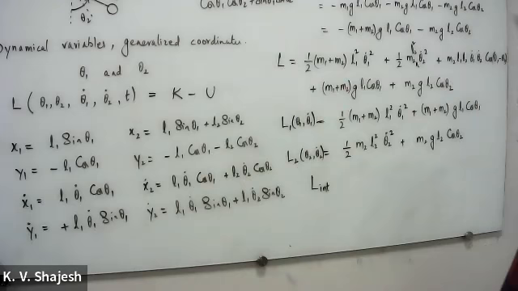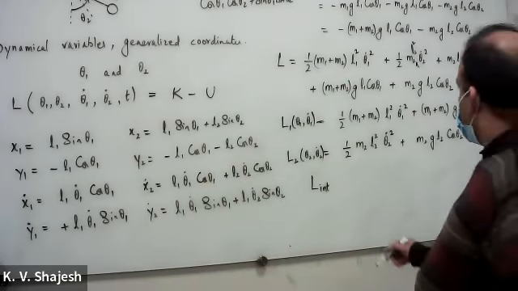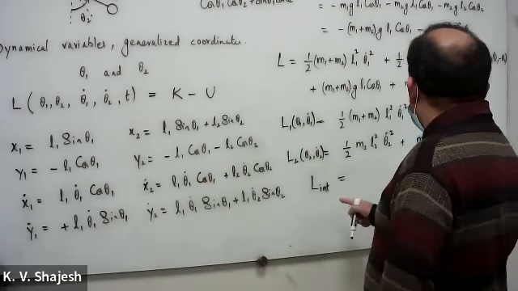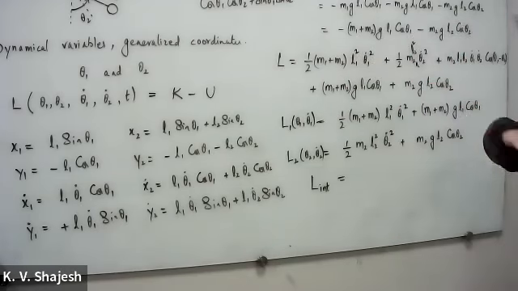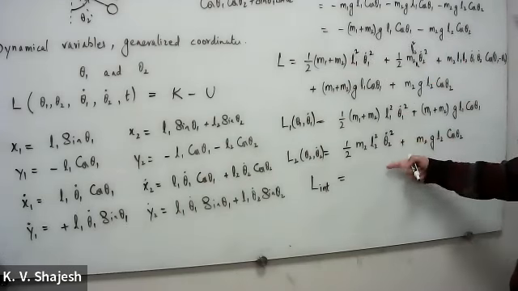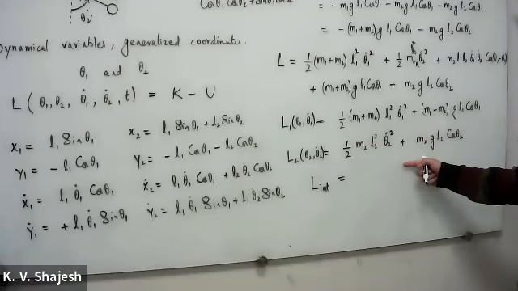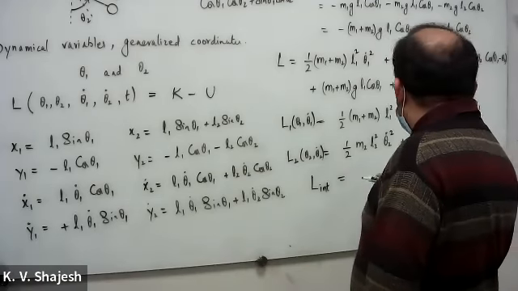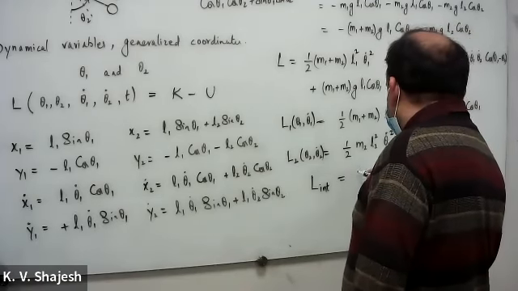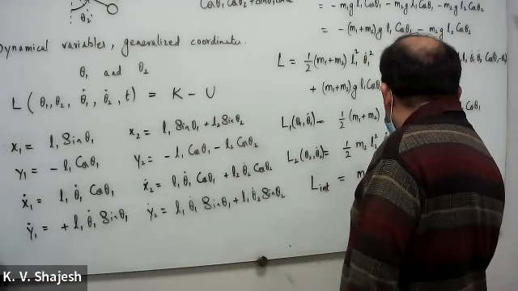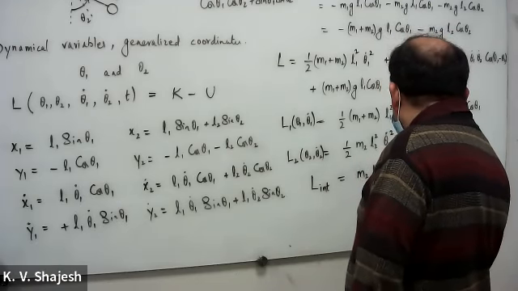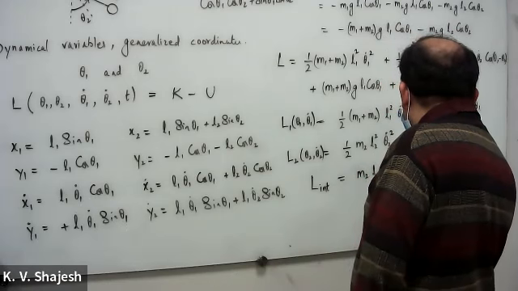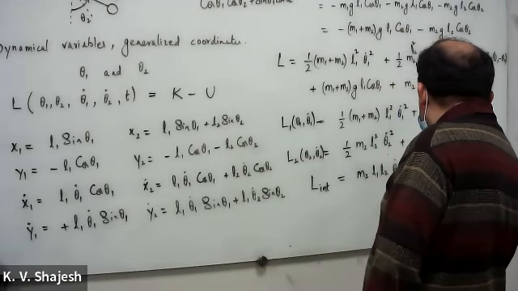And interaction has the combination of the two. If not for this term, they would be completely disjoint. There would be two pendulums moving about their individual points. This would be the superposition of two solutions. You know this solution, you know this solution, you know the complete solution. But this is what spoils the simplicity, or which brings in the richness. M2 L1 L2 theta 1 dot theta 2 dot cosine of theta 1 minus theta 2.